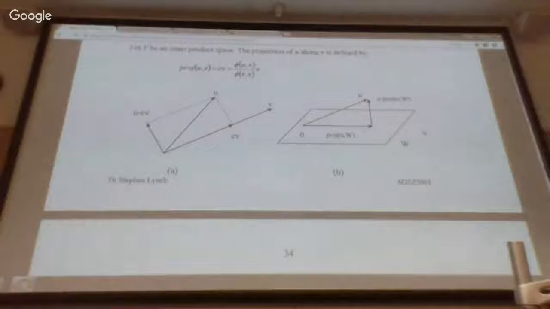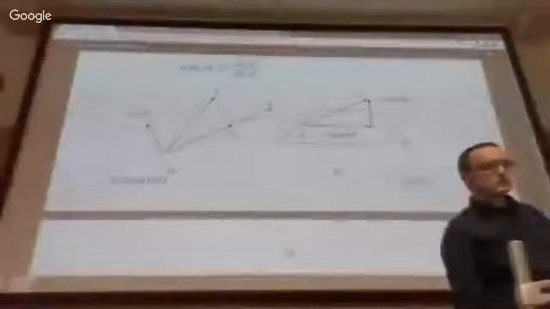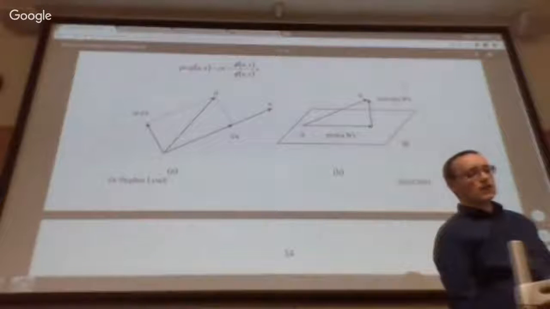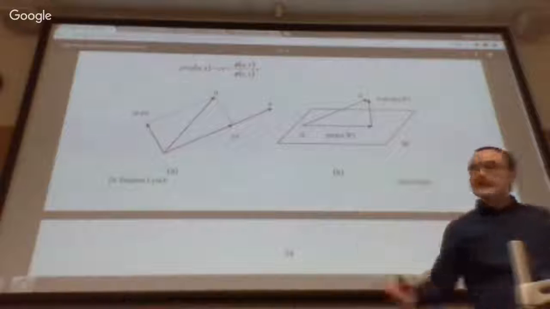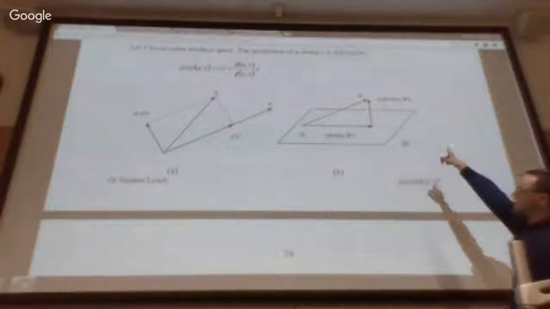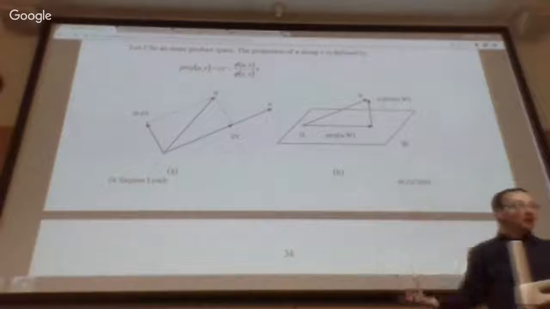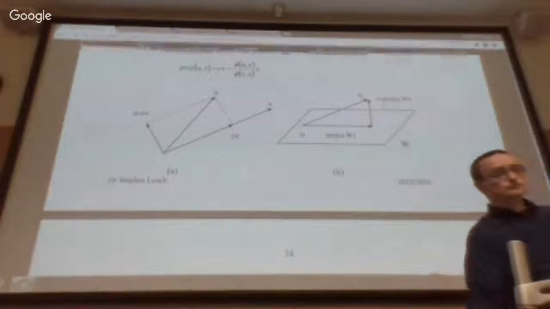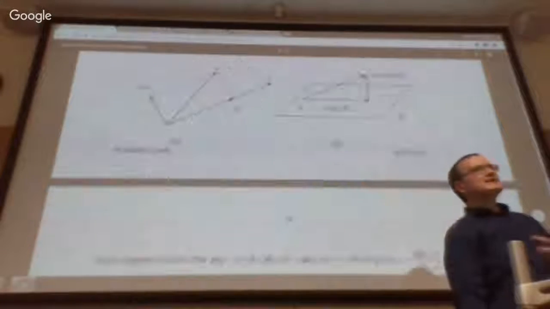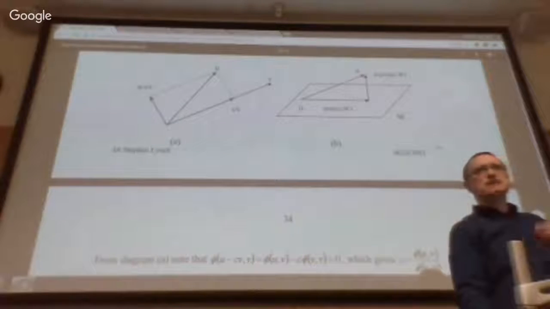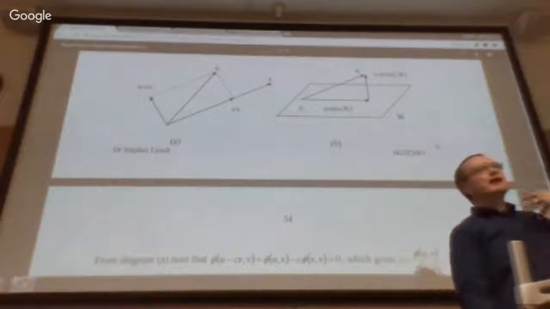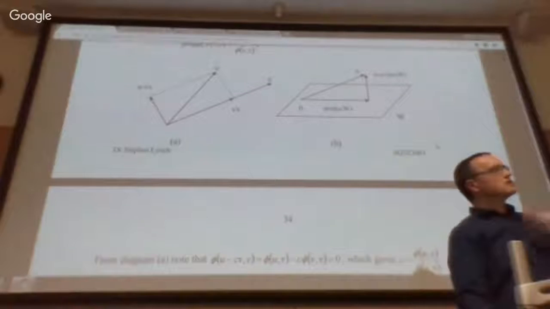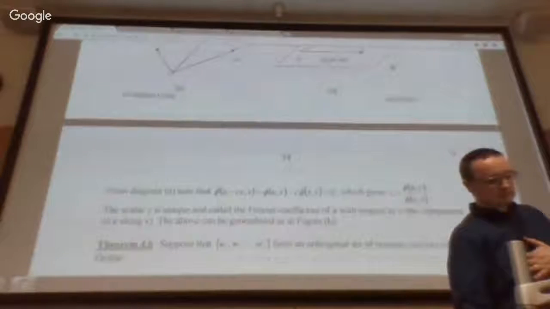It's u minus the projection of u onto the vector subspace W. And what the theorem is saying is that this vector will always be at a right angle, or always be orthogonal, to the vector subspace W. Again, this is just the generalization of things you already know about standard geometric vectors and the dot product. Okay.